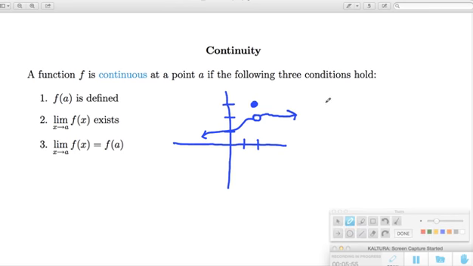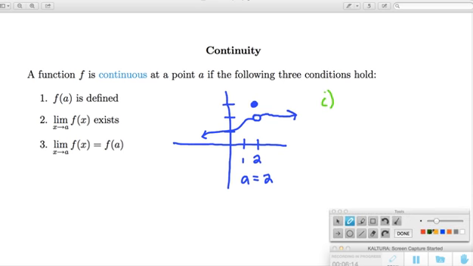But if you're going to check for continuity, you've got to check the 3 conditions. Well, condition 1 is that you've got to check that f of a is defined. And again, suppose that we're interested in the value 2, because that's where it looks like there's potentially a problem.